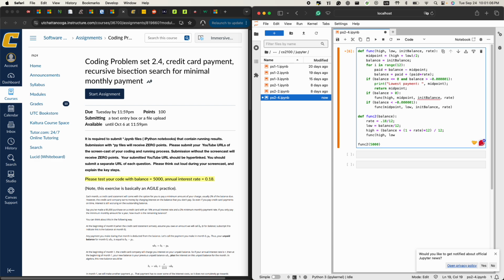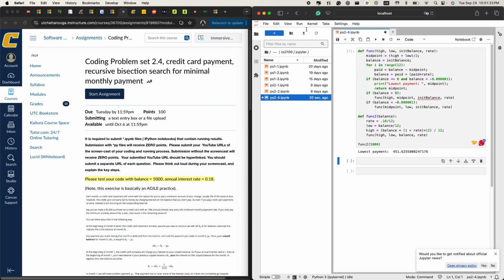So at our entry point, we'll call a function with the high, low, the balance, and the rate. That should do it. Run it, and lowest payment for $5,000 is $451 and about 63 cents per month.